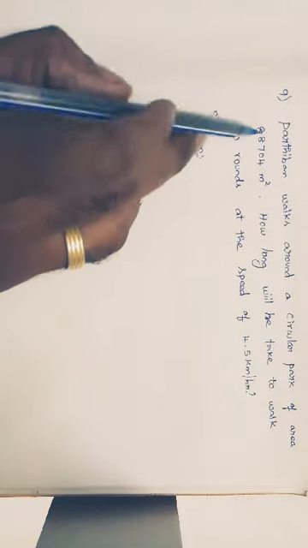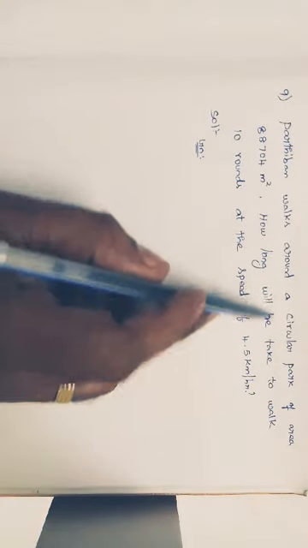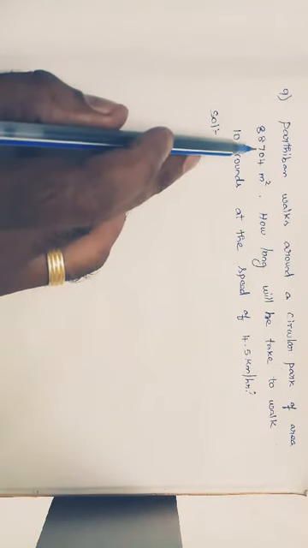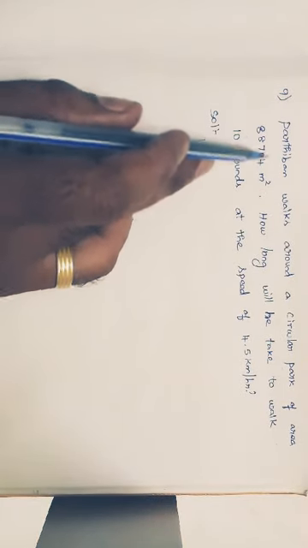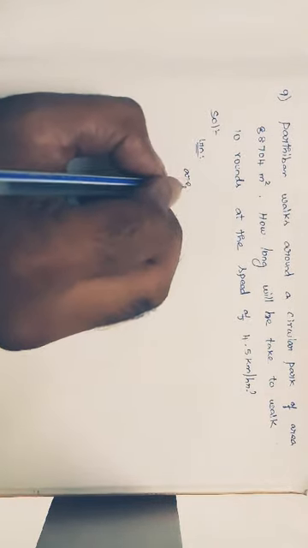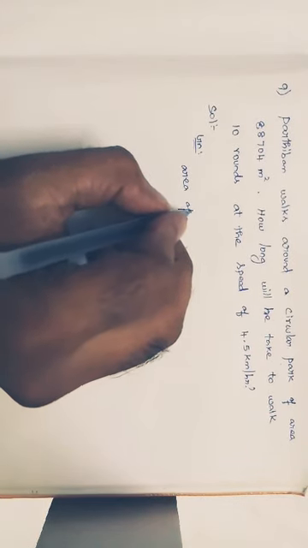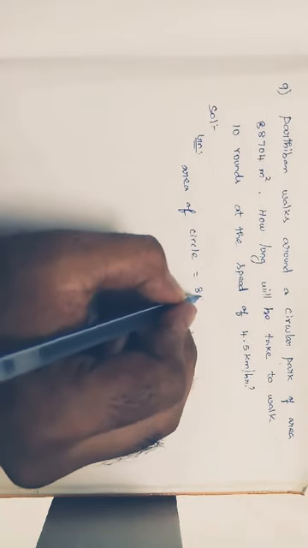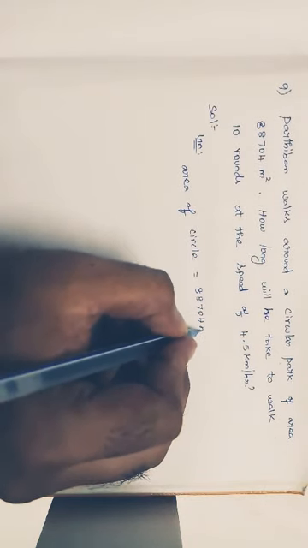So number 9, Parthiban walks around a circular park of area 88,704 meter square, right? Parthiban walks around a circular park. So area of a circle, not area of a ring, area of a circle, right? Circular park. Area of circle is equal to 88,704 meter square, right?